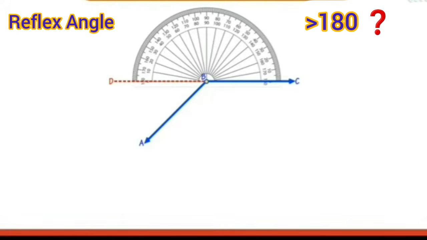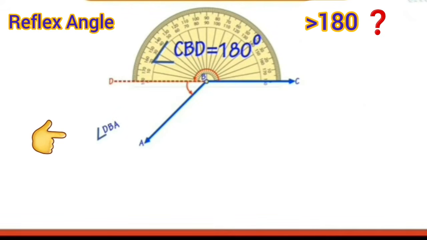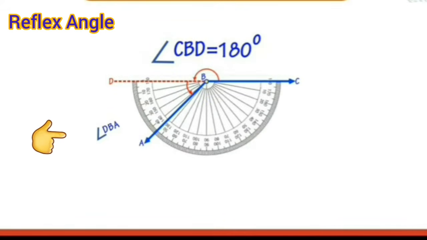To measure the reflex angle ABC, extend the arm CB to D to form angle CBD, which is a straight line or a straight angle, and we know a straight angle measures 180 degree. We will see the size of the angle DBA by placing the protractor upside down so that the center of the protractor is directly over the angle's vertex, that is B.